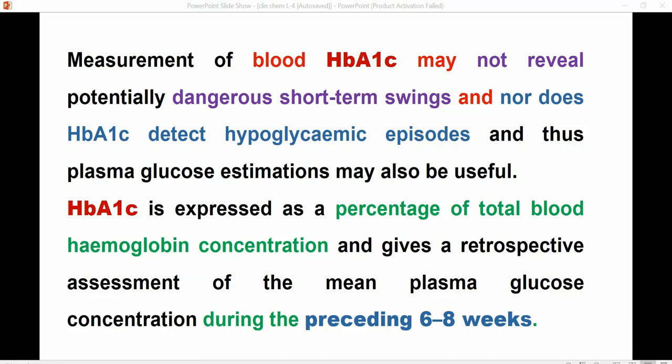HbA1c is expressed as a percentage of the total blood hemoglobin concentration, and it gives us the assessment of the mean plasma glucose concentration during the preceding 6 to 8 weeks, based on the average time of exposure of hemoglobin in the RBCs to the plasma glucose level.